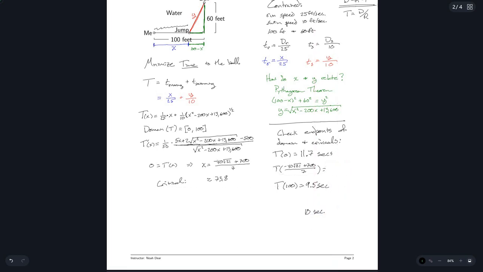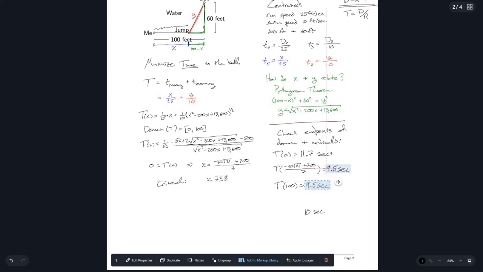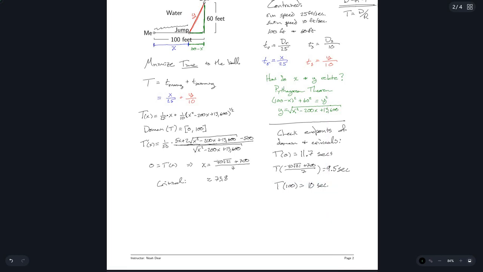My apologies. So the minimum time to get to the ball is about 9.5 seconds.